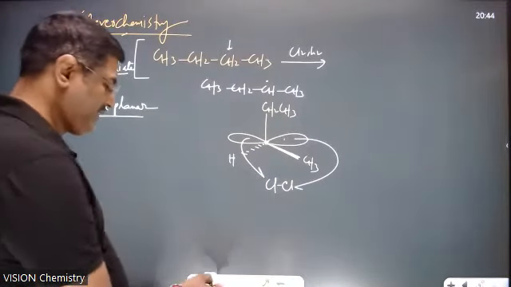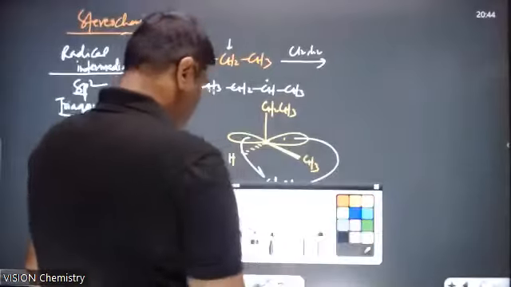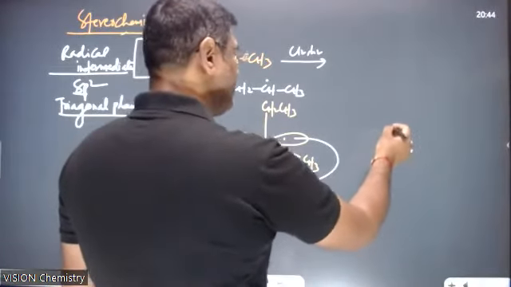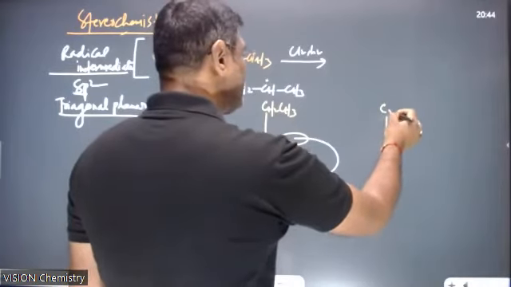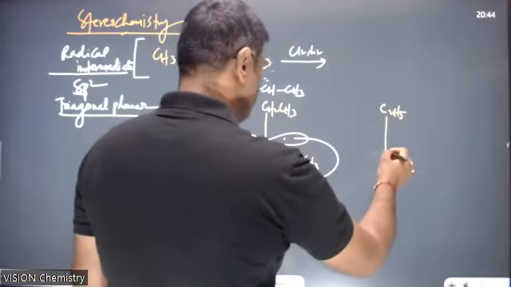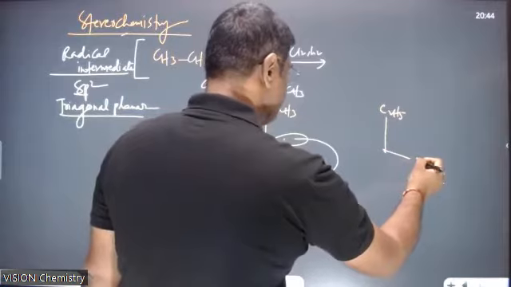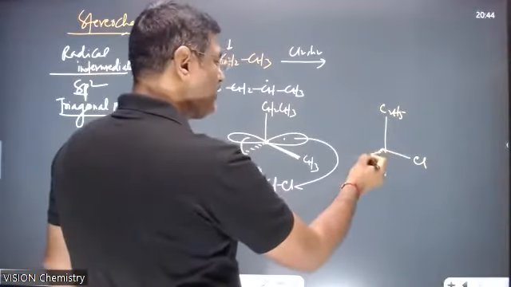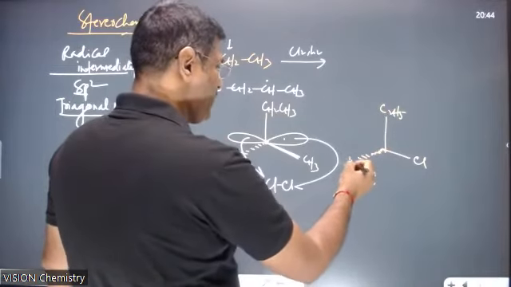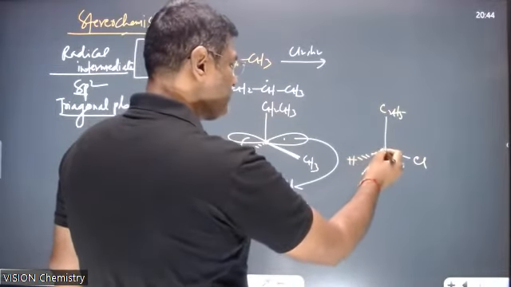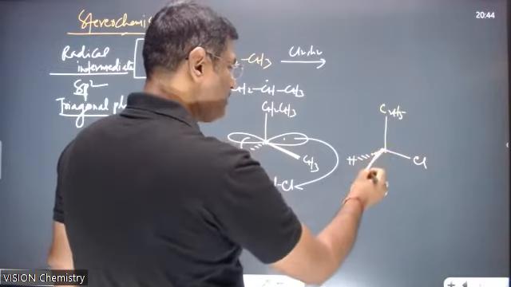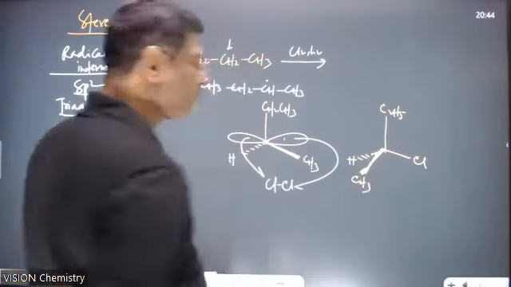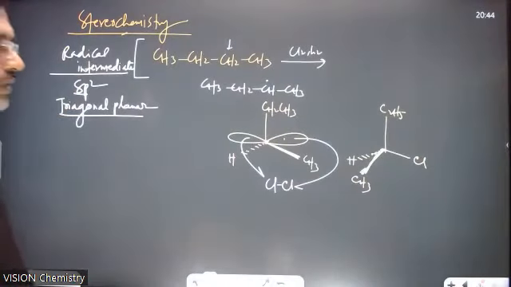How? So let's write. If that happens, then you write here C2H5, exactly, the Cl comes here. Then these groups will be moving away, and this one is H, this one is CH3.